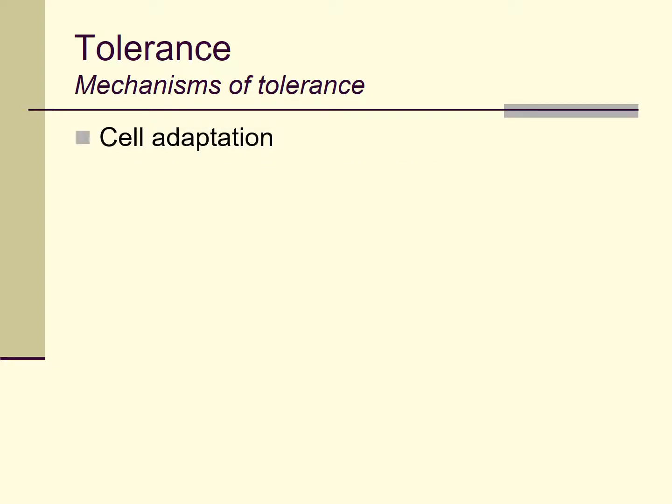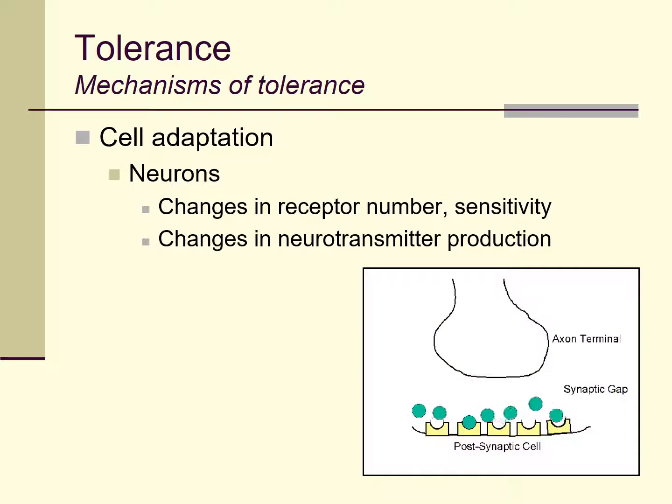So if we think of cell adaptation at the level of the neuron, recall that neurons communicate to one another using neurotransmitters. So if you can see here the axon terminal of one neuron and the dendritic terminal of another neuron, if the first neuron is trying to communicate to the other, it will release neurotransmitters which will drift across the synaptic gap and will interact with receptors on the dendrite of the postsynaptic cell.